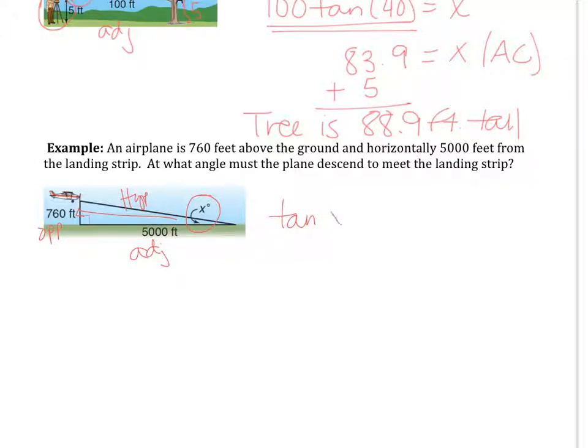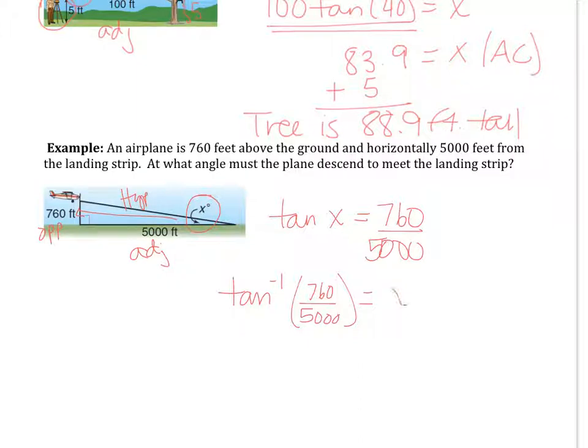So we're going to say tangent of X equals that opposite, 760, over my adjacent, which is 5,000. This is where we're going to use the inverse. So we're going to say tangent -1 of 760 divided by 5,000.